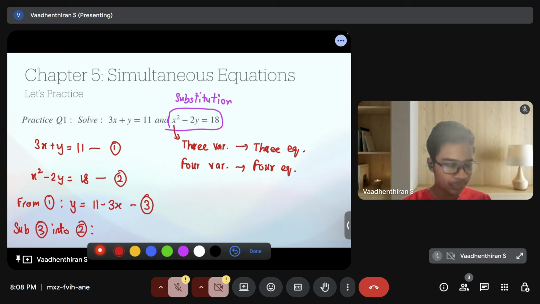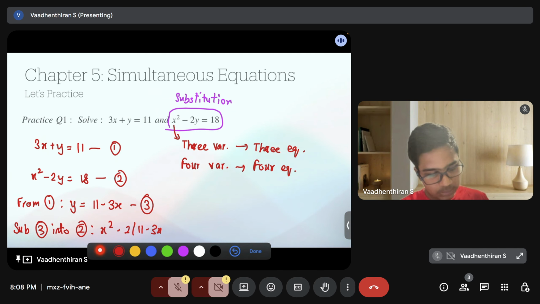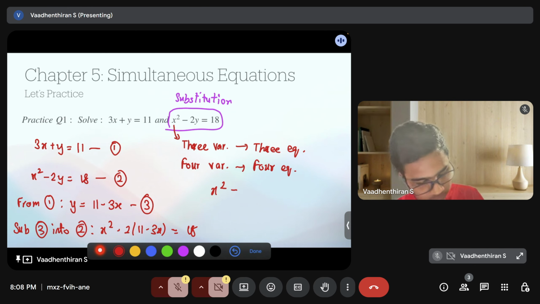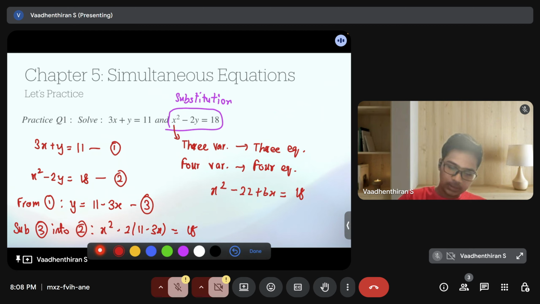So here, when you substitute 3 into 2, you get x squared minus 2 times (11 minus 3x), which is equal to 18. Then you can write this as x squared minus 22 plus 6x equals 18, and solve this quadratic as such.